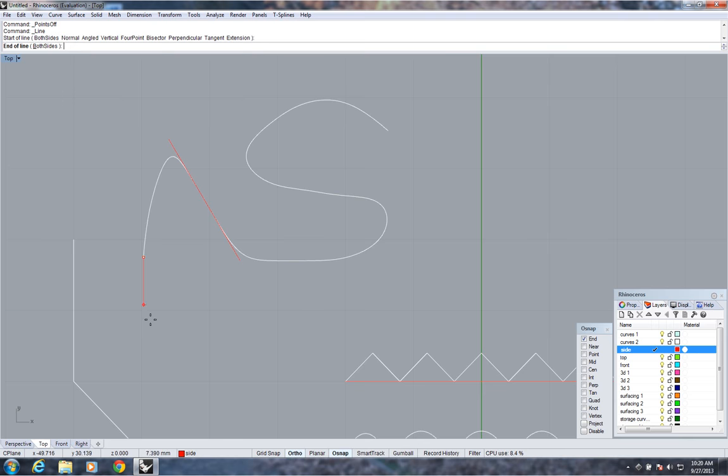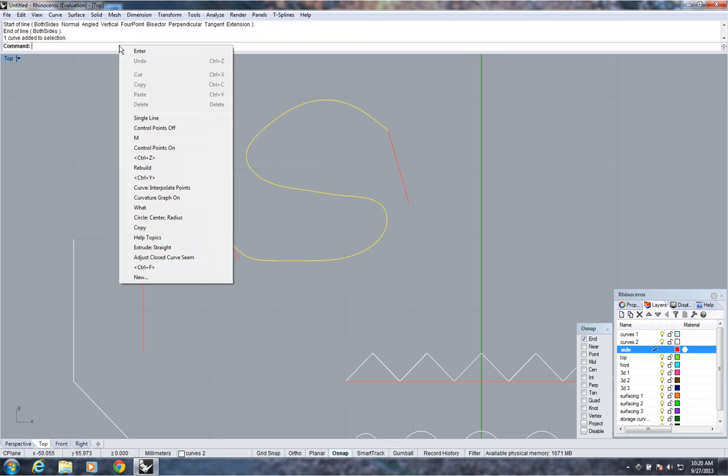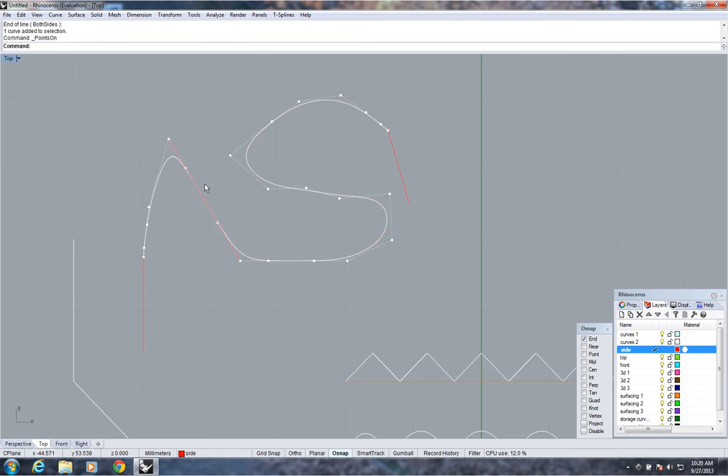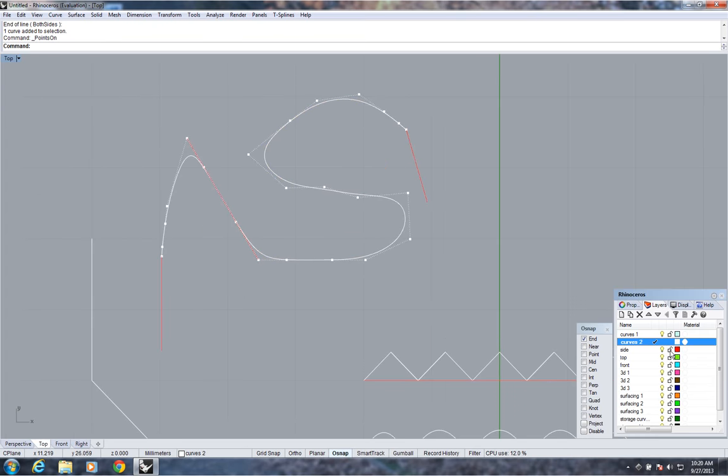Draw a line straight off the end of here. And I'll draw a line at a random angle from there. Turn on my control points.